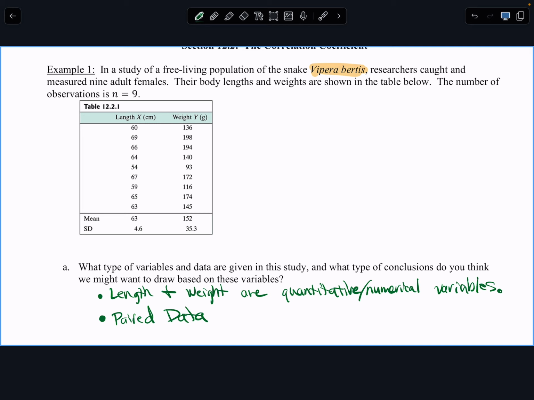Do you think we're going to do the subtraction of the 2 measurements in this case? Because if we do, then all we have to do is apply what we did before in chapter 8 when we did paired data, dependent samples. What do you think, Jonathan? Are we going to subtract? Yeah? That would be nice because all we would have to do would be apply chapter 8 content, right?